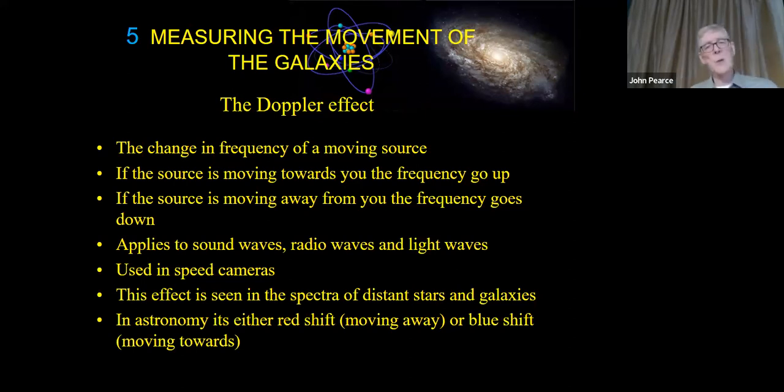This applies to sound waves, light waves, and radio waves. It's used in speed cameras and also in the examination of blood flow through the arteries of the body. This effect is also seen in the spectra of distant stars and galaxies. And it's either redshift or blue shift, moving away from you or moving towards you.